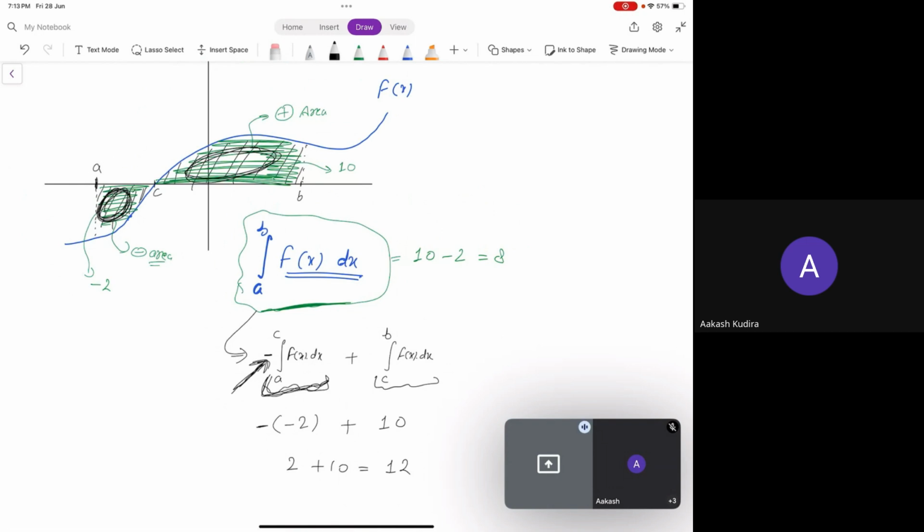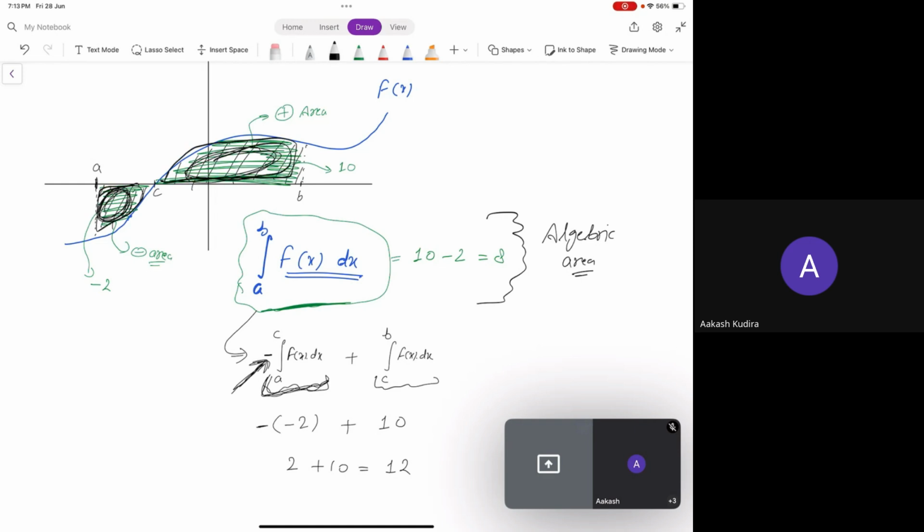This definite integration actually gives us algebraic area. But if we want to calculate the exact total area, then we have to break it into multiple parts. Here I am breaking it only into two parts, because one is a positive area and the other is a negative area.